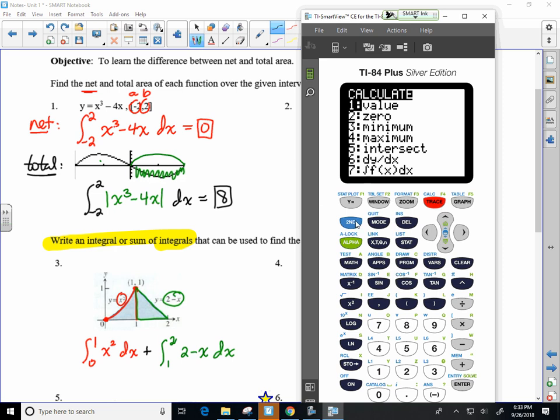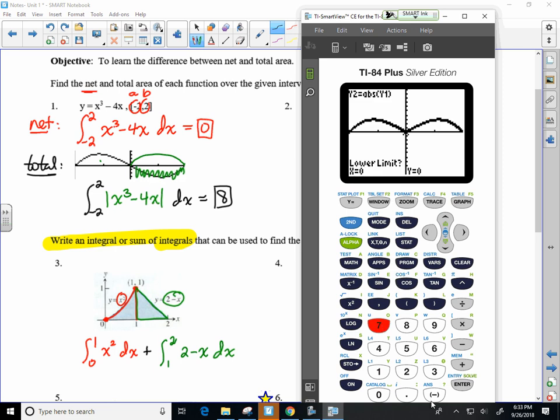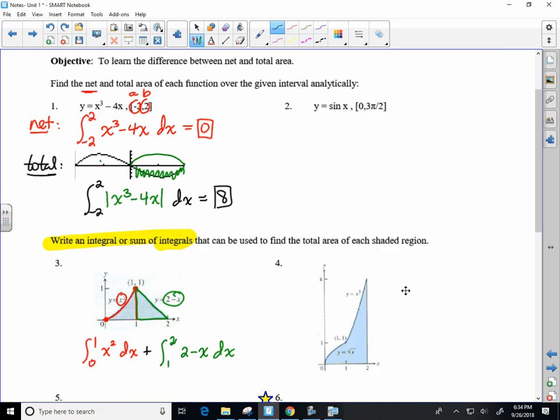It would be second trace option 7. It asks you for the lower limit, so -2. It asks you for the upper limit, +2. Shades it in nicely and gives you the 8. Some people are like, that's great, I'll just do that every time. And then you get to the problem on the test that you can't find a window for, and then you come crawling back.